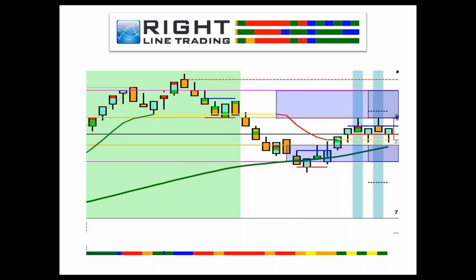This is when you take your hand off the mouse and you wait for price to make a move, because there's no safe trade here. You don't want to trade up into resistance, and you don't want to trade down into support. You just leave the trading alone, because these zones have become so confluent, there's no room to trade.